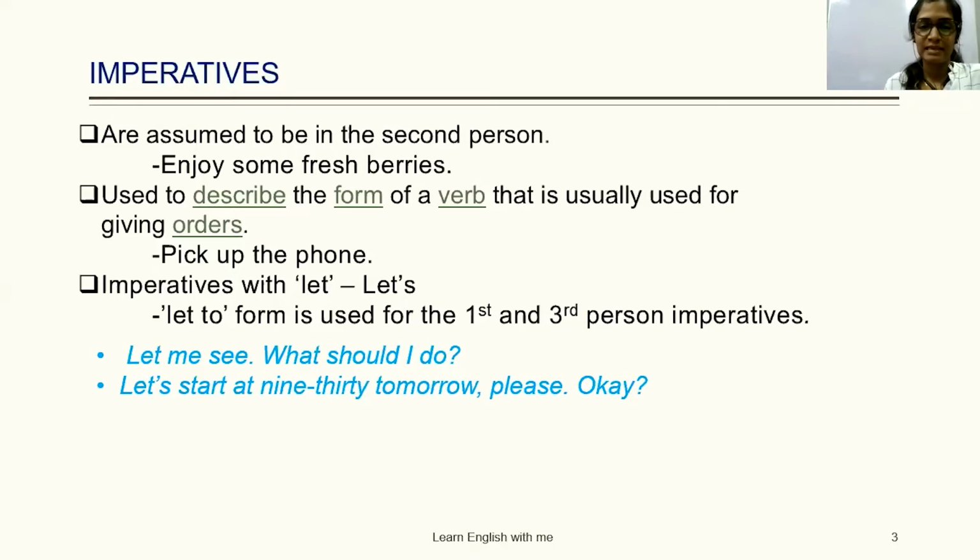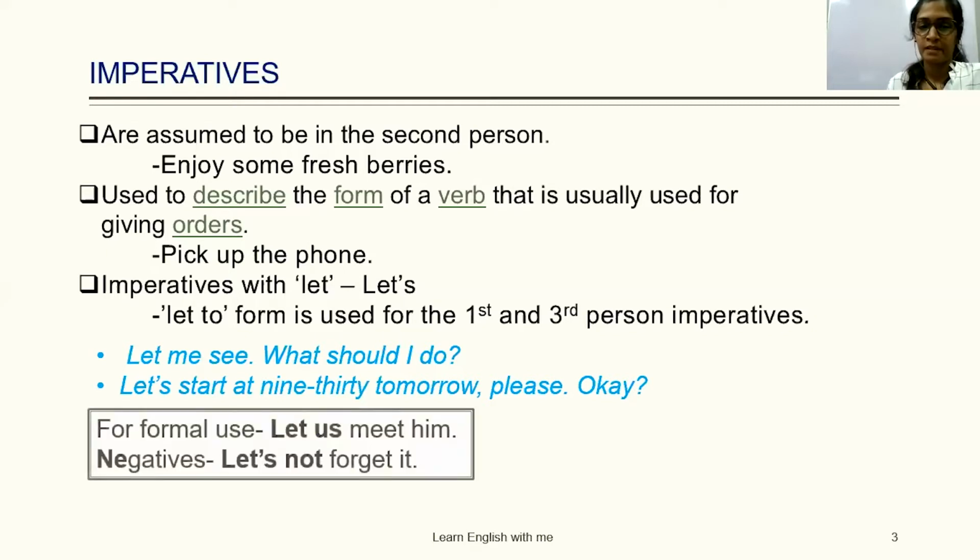So you can start imperatives with let or let's. But for formal usage, you have to use the full structure, that means let us. You cannot use let's when it's a formal statement. So let us meet him. And if you're going to use a negative pattern, let's not. Okay, let's not forget it.